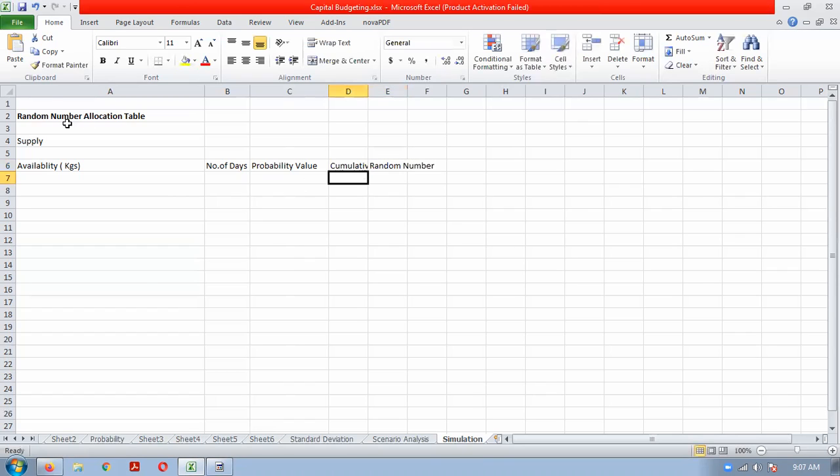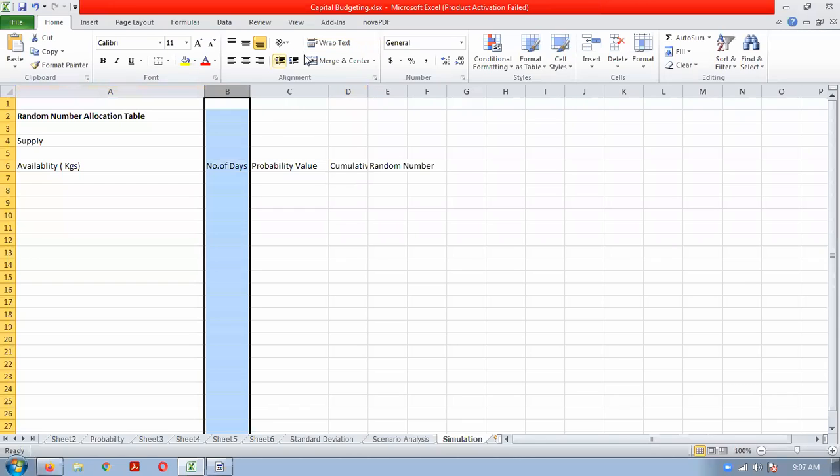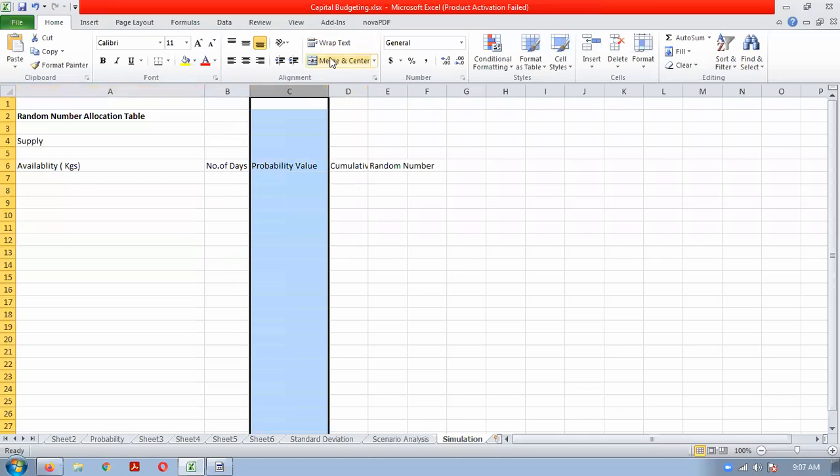So this will be the table for random number allocation.